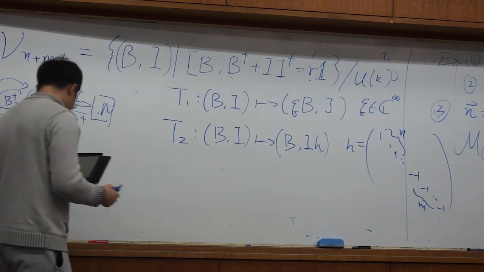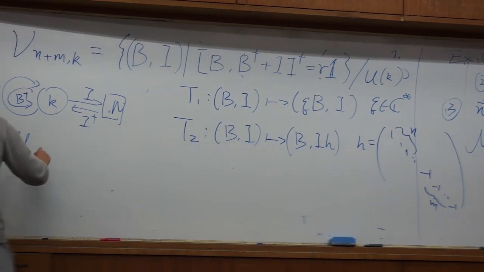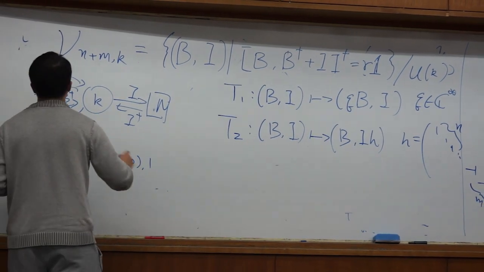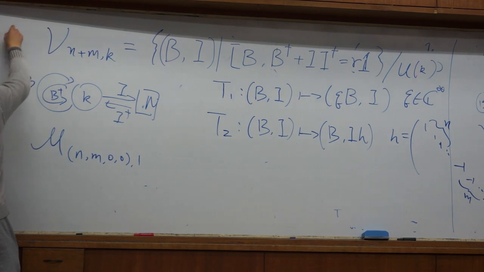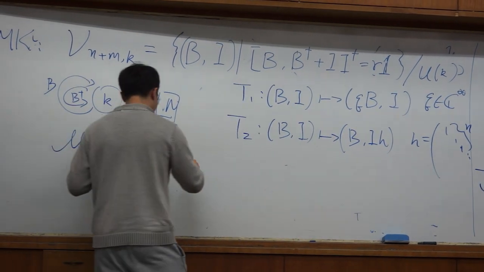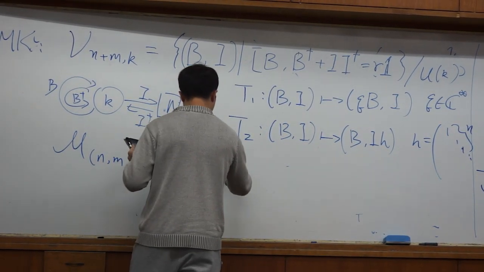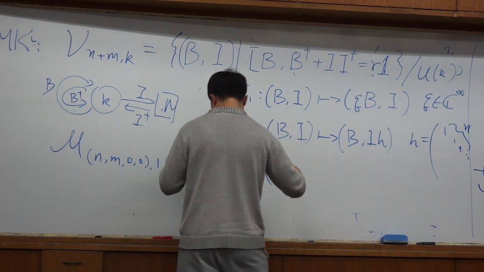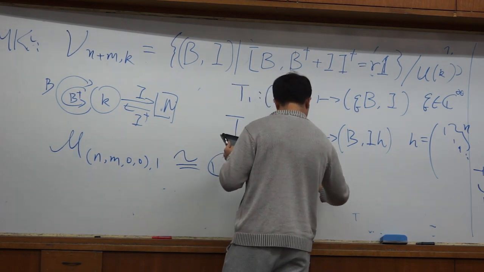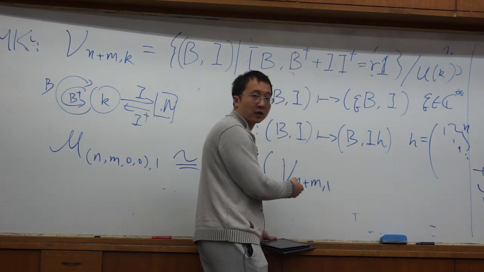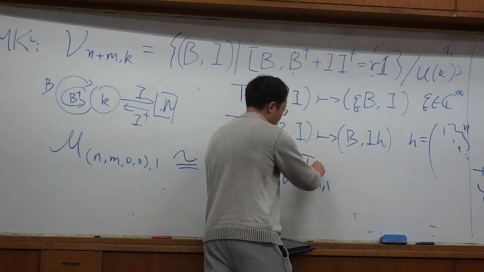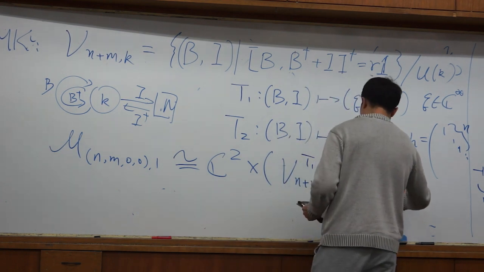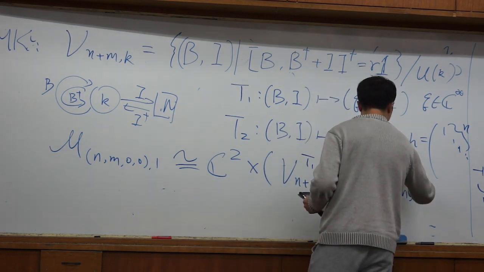So we observe that this is (n, m, 0, 0) with k=1. So this is a remark. This moduli space is the same as C^2 times the fixed component of this V moduli space under T1, and then union with the fixed component of V_(n+m,1) under T2.